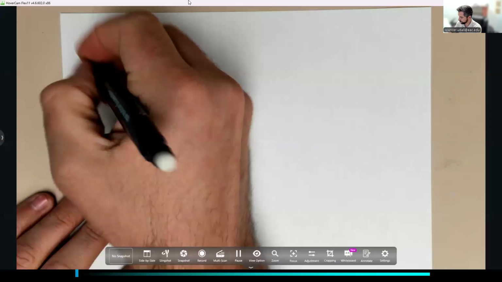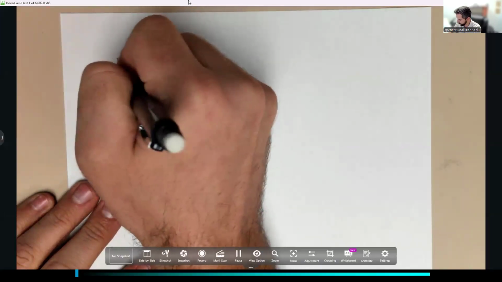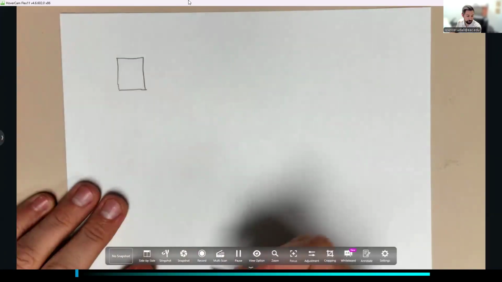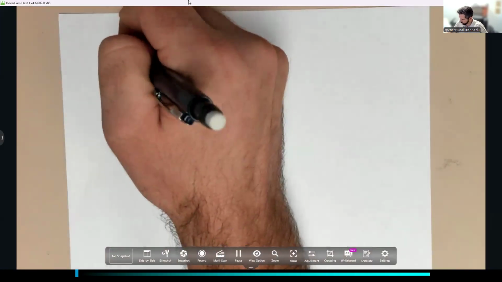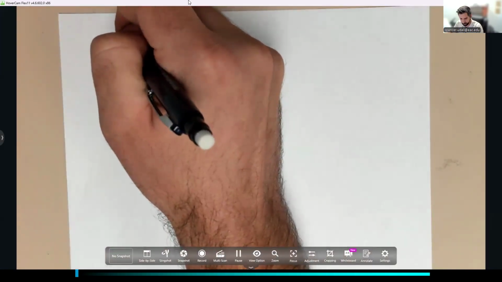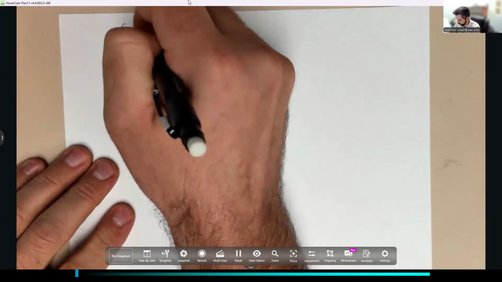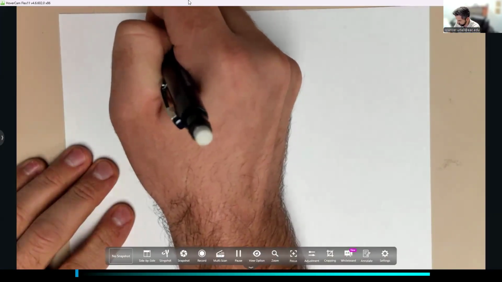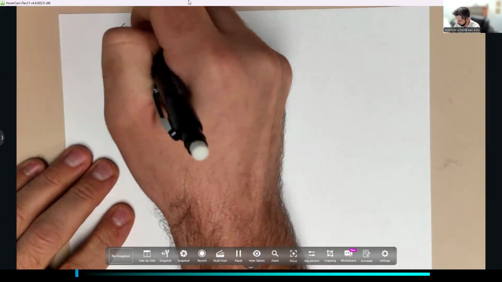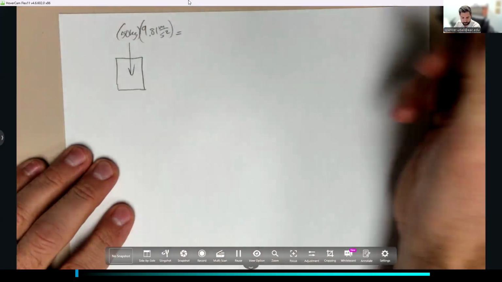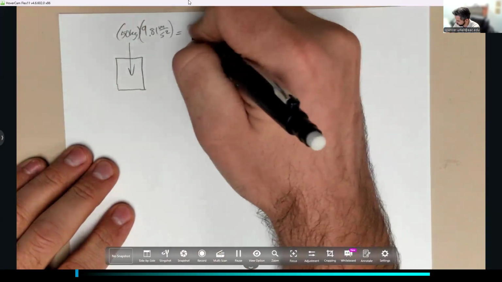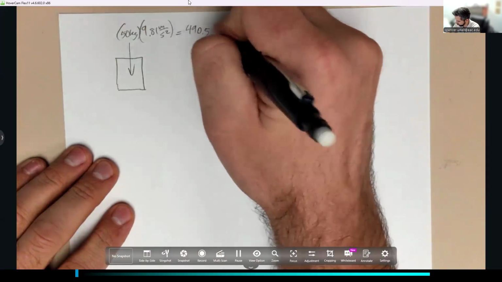Right? So our free body diagram, if we have our crate, it's got its own weight, which would be 50 kilograms times 9.81 meters per second squared. Those multiply to give us 490.5 newtons.